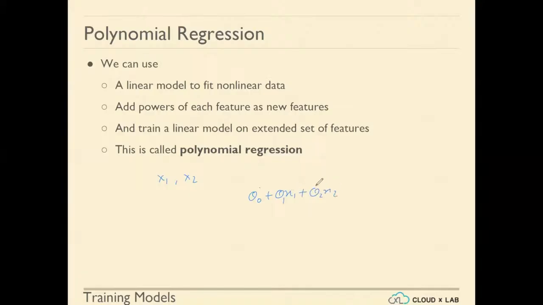Here degree is 1. Then we write all degree 2 terms: theta 3 x1 square plus theta 4 x2 square plus theta 5 x1 x2. If we want to learn a degree 2 polynomial, we will learn this type of equation.